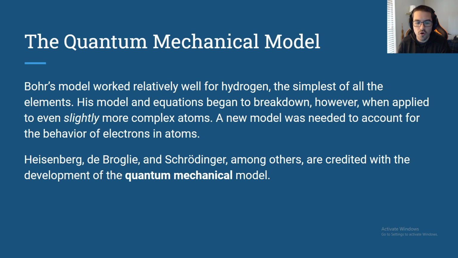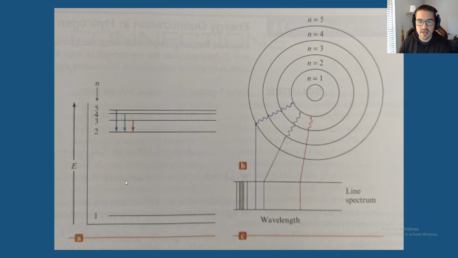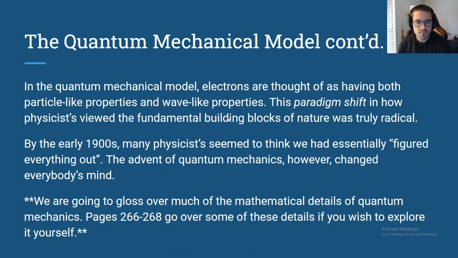Think of the quantum mechanical model as being kind of like Bohr's model 2.0. It's the same kind of fundamental theory, but it's expanded and applies to more situations. Okay? So, in the quantum mechanical model, electrons are thought of as having both particle-like properties and wave-like properties.